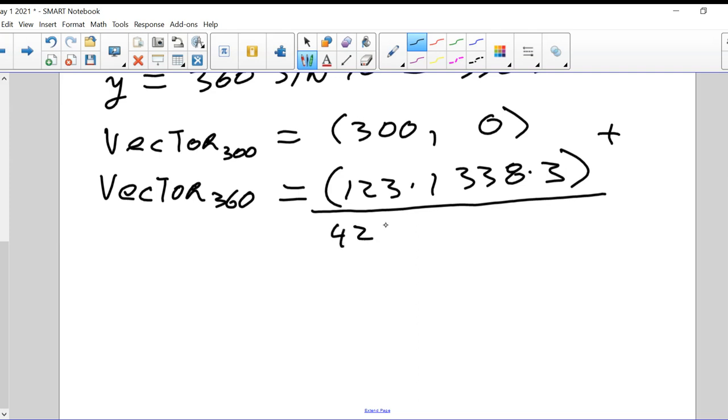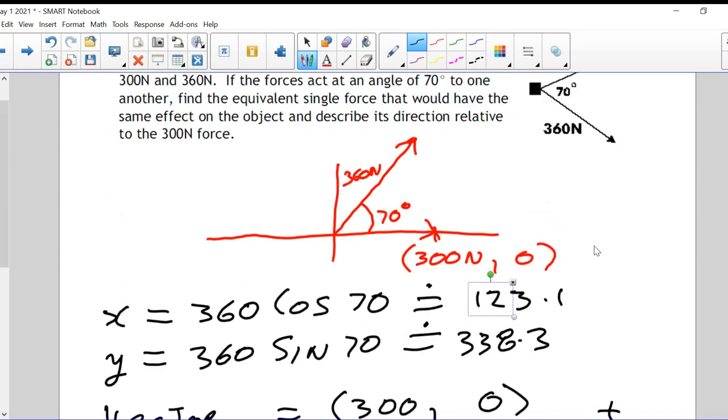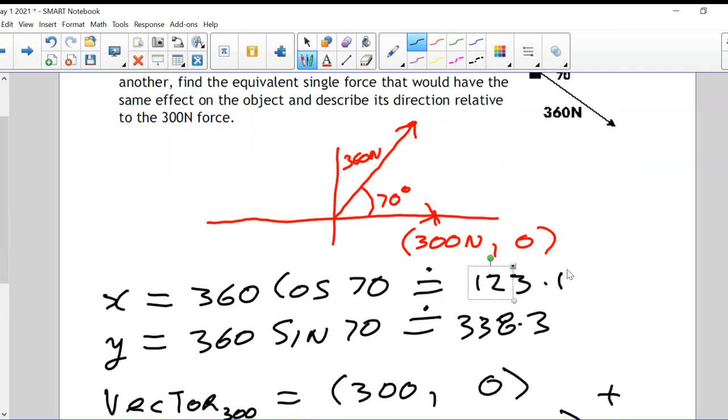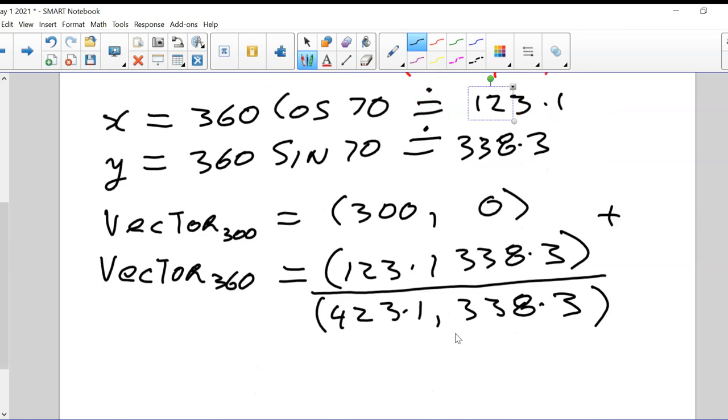So I'm getting 423.1 as the x part, and this is easy because that's just adding to 0, and 338.3 for the y part. If I were to draw the vector that represents the sum of these two vectors, it would have the x's added together and the y's added together, with these two coordinates.